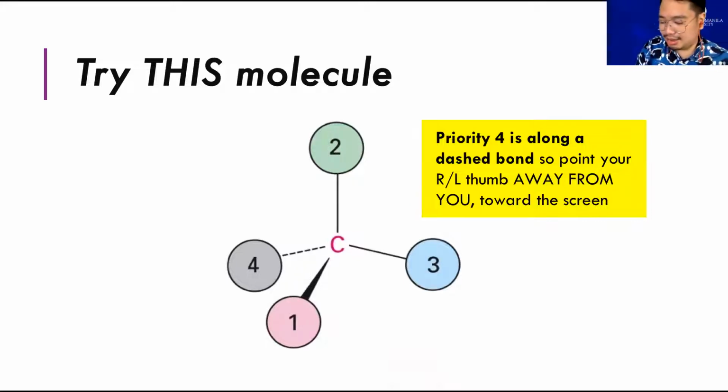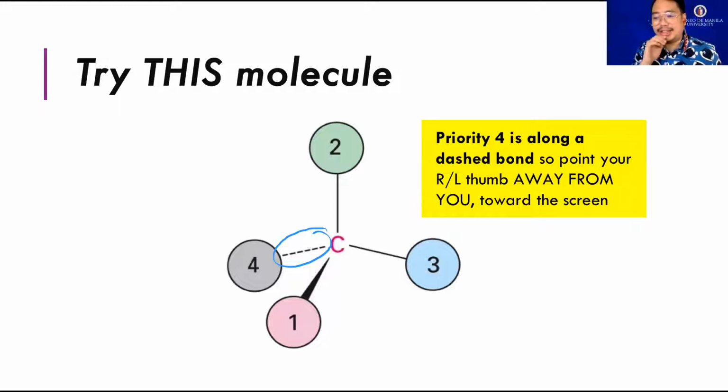What direction is priority 4 facing this time? Priority 4 is dashed, it's no longer a wedge, which means what direction? It's now pointing towards the screen. Right?